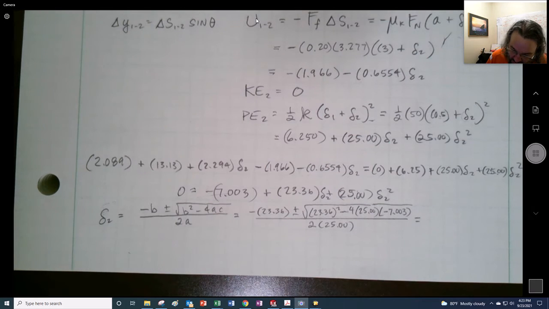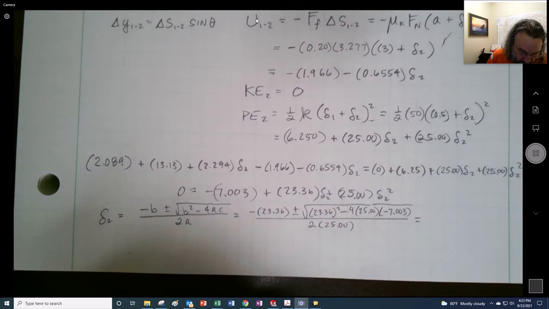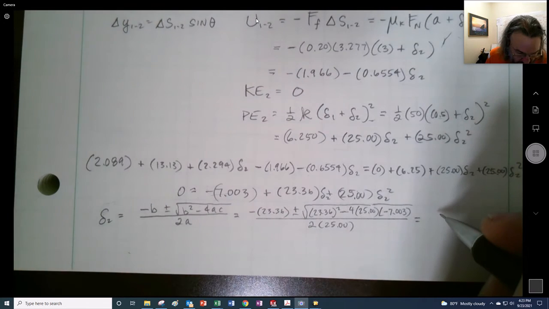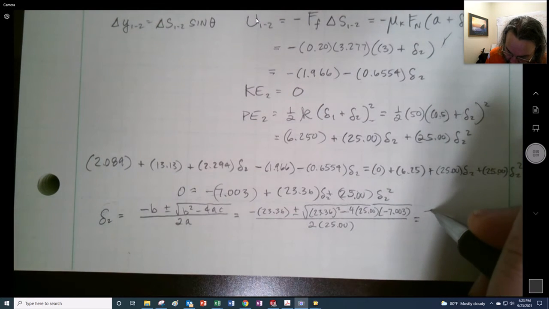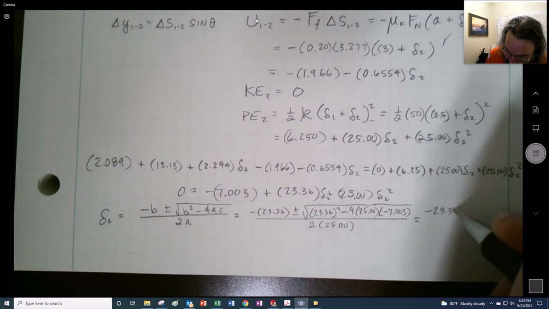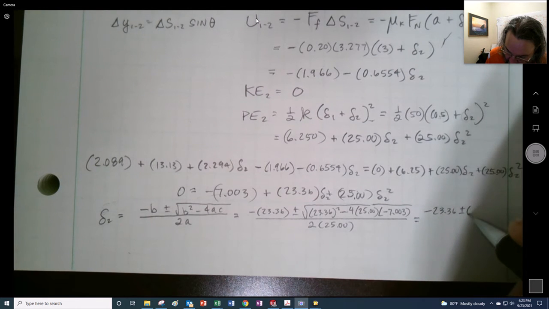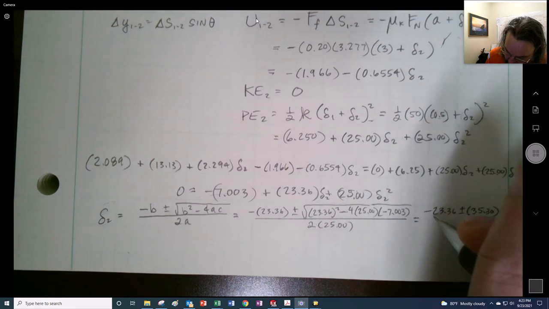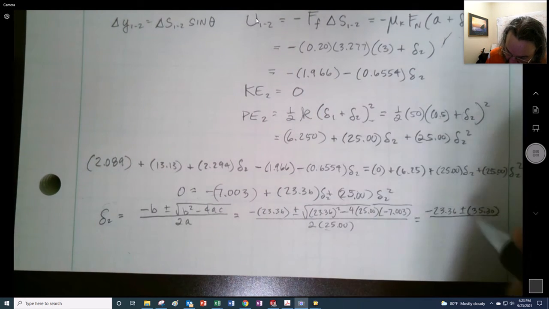Duh. So we add those together and take the square root. I actually like to do this in stages right here. So I go negative 23.36 plus or minus, and what I got underneath the square root was a 35.30, and then we're also dividing this by 50.